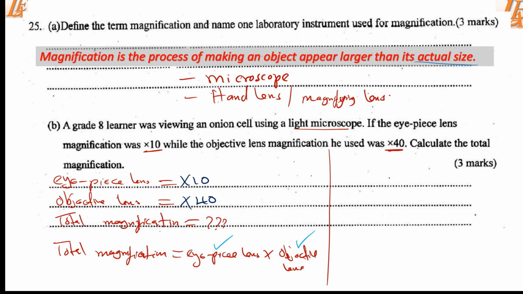So for us to get total magnification, total magnification is equal to the eyepiece lens, which is times 10, multiplied by the objective lens, which is times 40. Therefore, our total magnification is going to be times 400. 10 times 40 is 400. So it is times 400, and this is the correct answer.